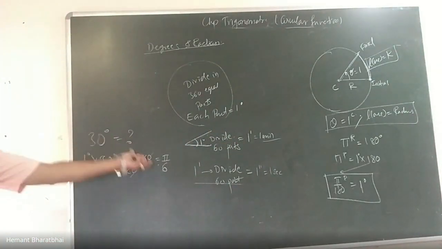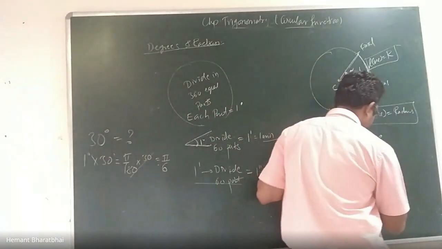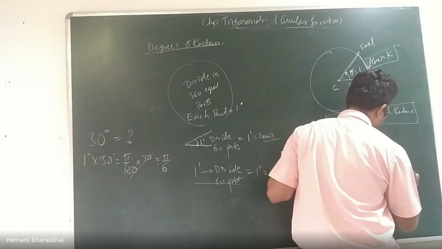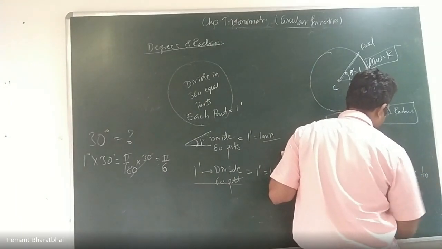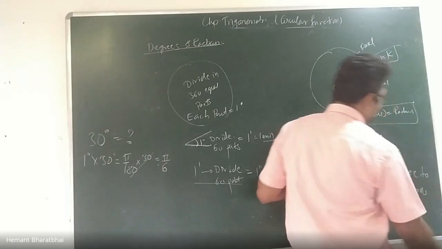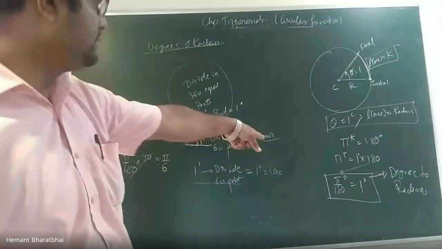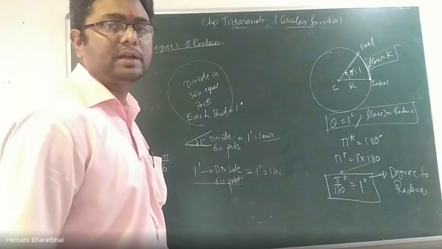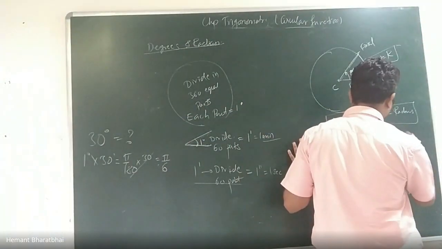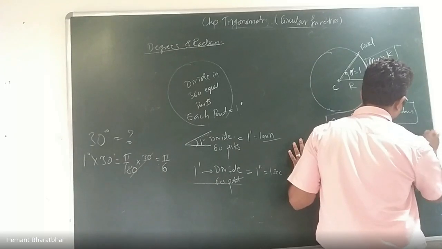So this is how I can get 30 degrees is equal to pi by 6 radians, which is for conversion. If I want to convert degrees into radians, I will use this formula. Okay, it's easy to remember. Similarly, I can do the same thing over here. I can write pi into 1 radian is equal to 180 degrees.